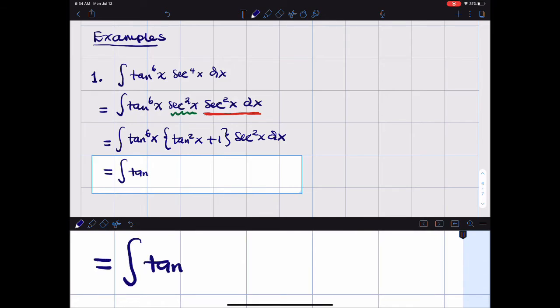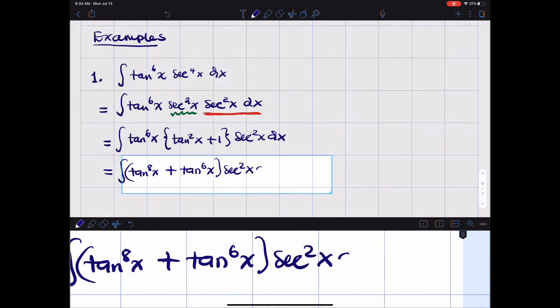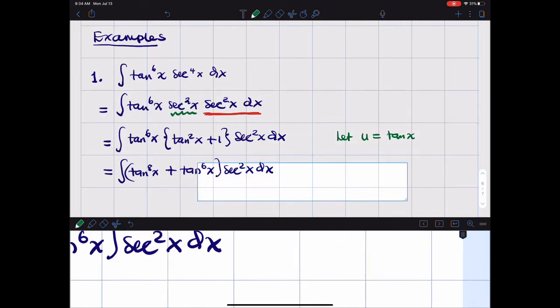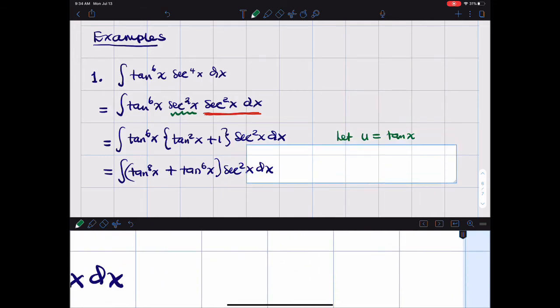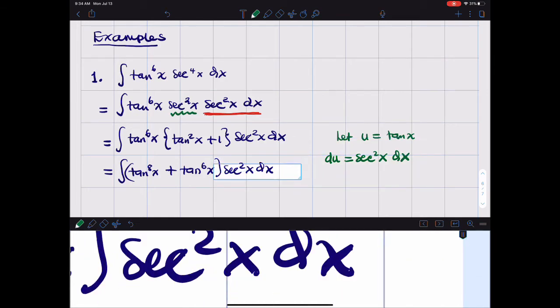All right, so now you can expand. You have tangent to the power of 8 x plus tangent to the power of 6 x, and then you have secant squared x dx. U substitution. You now let u be tangent of x, because you have its derivative sitting out here, secant squared of x. So du/dx is secant squared of x, so that du is just secant squared of x dx. And we have secant squared of x dx right here.